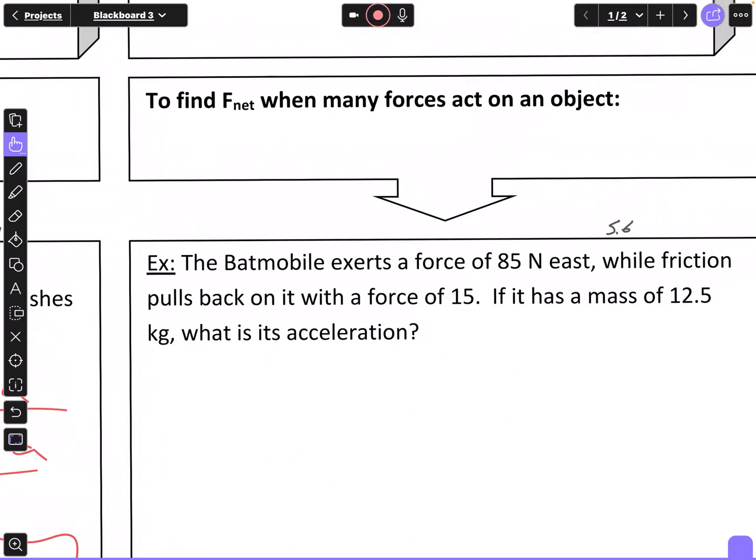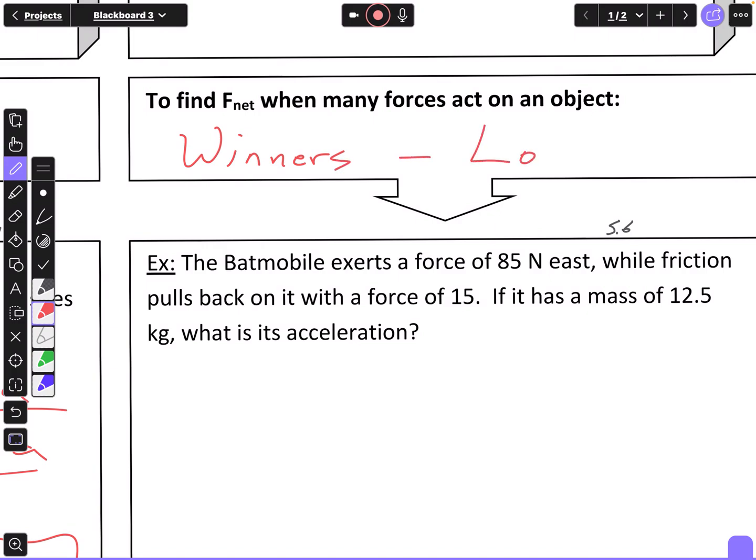Okay, last problem. It says to find F net when many forces act on an object. If they're in opposite directions, we're going to take the winners minus the losers. All right.